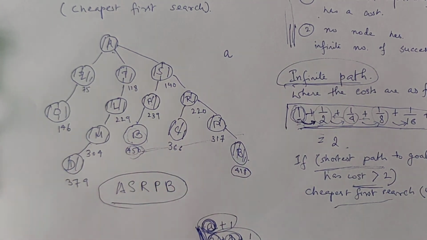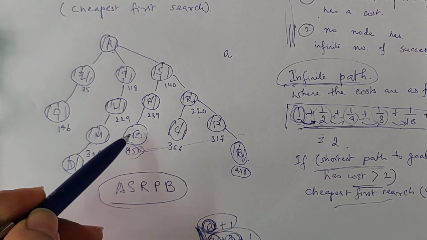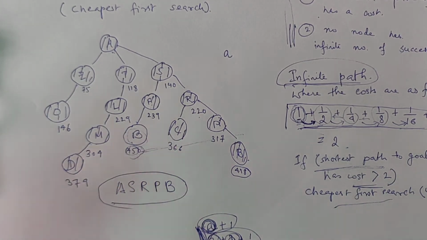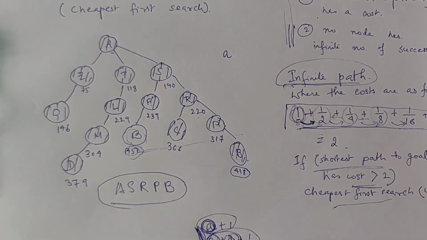So I just wanted to point out that even if we have got that goal node in our frontier at an earlier point of time, the uniform cost search does not permit us to stop or halt the search then and there.